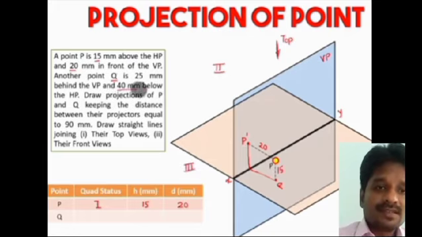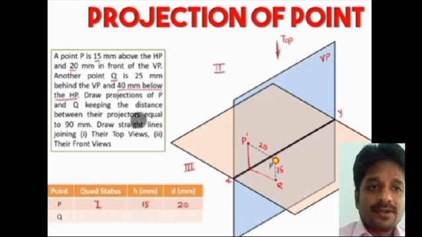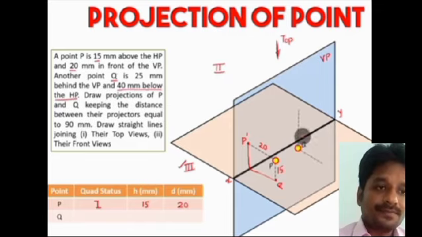So the two keywords that you keep in your mind: the point Q is 25 mm behind VP. Behind means it should be either the second quadrant or the third quadrant. If I look further, the additional information is 40 mm below HP, so obviously below HP means it falls under the third quadrant. Now I am marking the point Q.